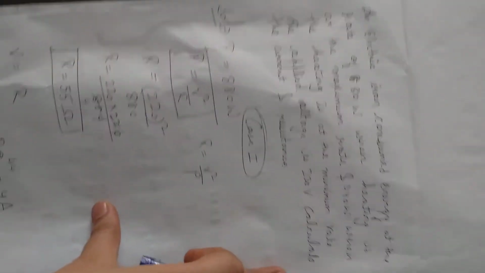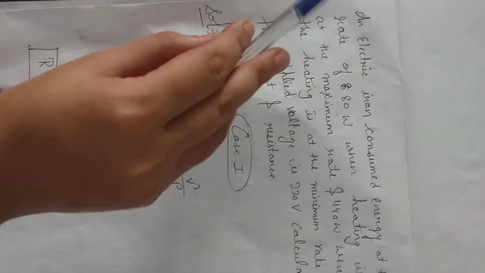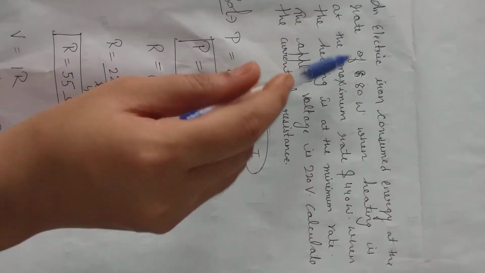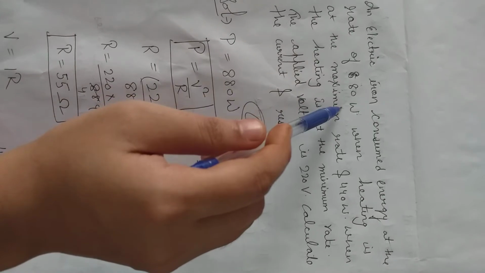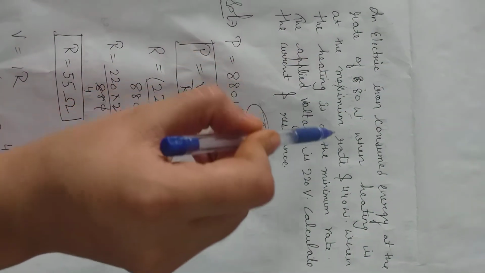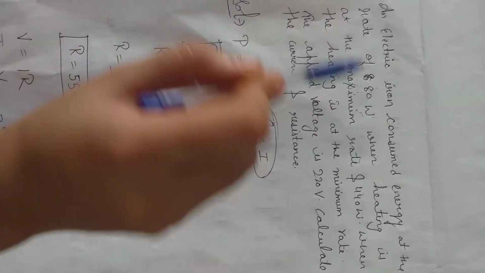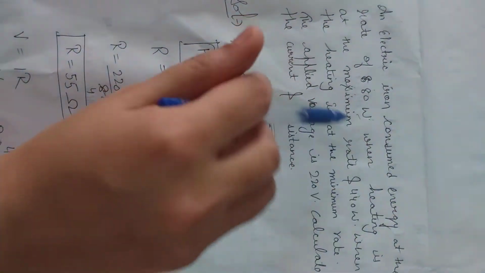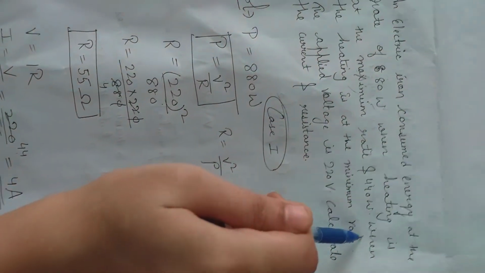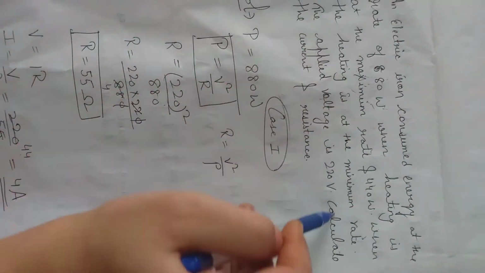Now move to the next numerical. An electric iron consumes energy at the rate of 880 watt when heating is at the maximum rate, and 440 watt when the heating is at the minimum rate.